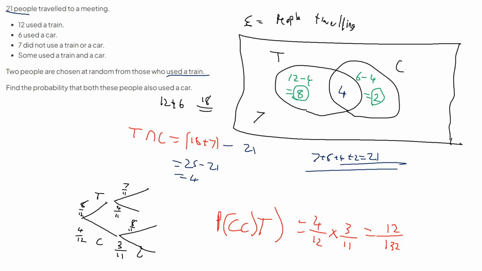And if we divide 12 on each side, we're just going to get 1 over 11. Okay? This is something called conditional probability, when you're given that they are using a train, but we'll talk about that in the next video.